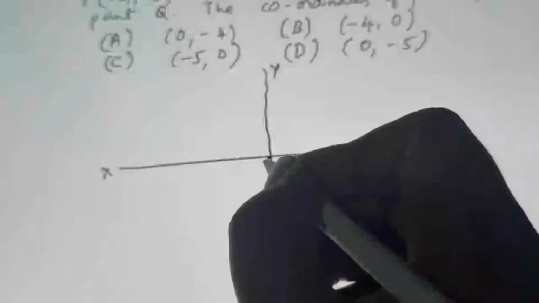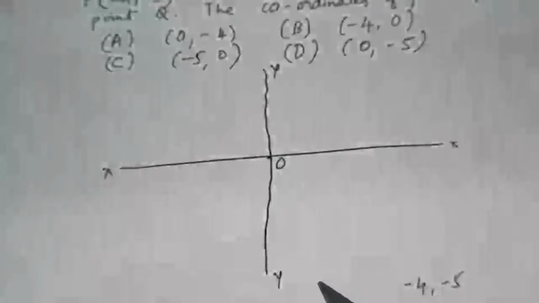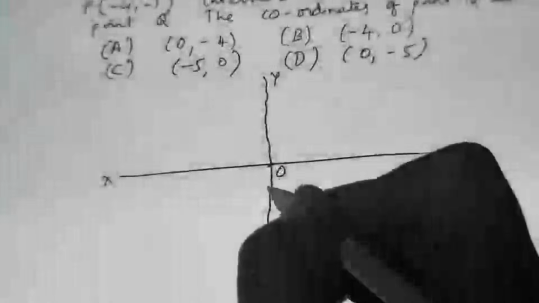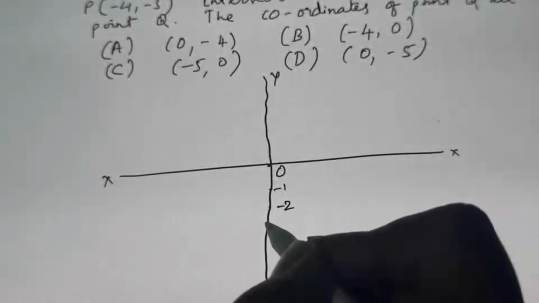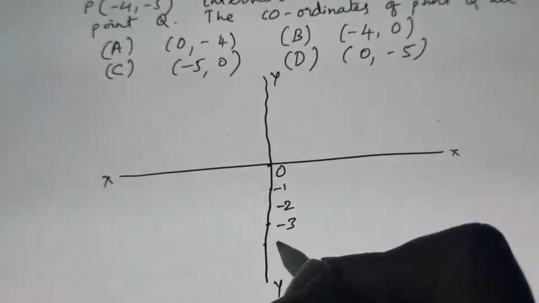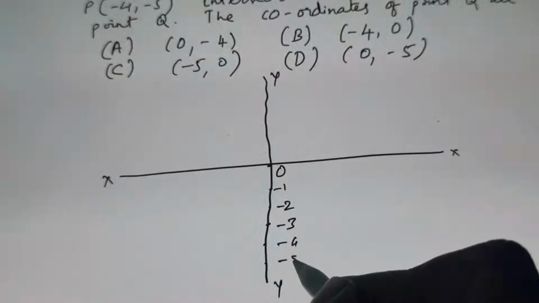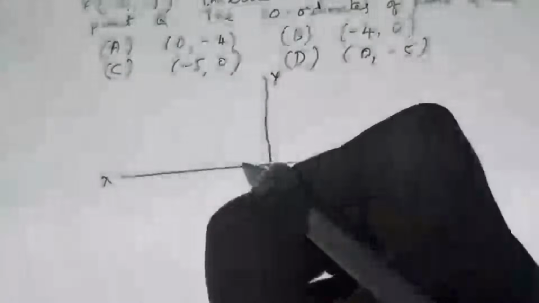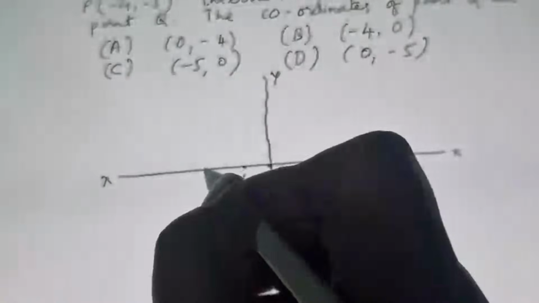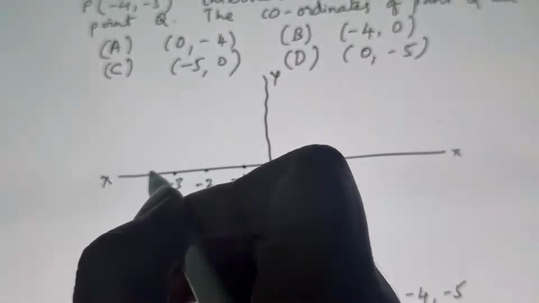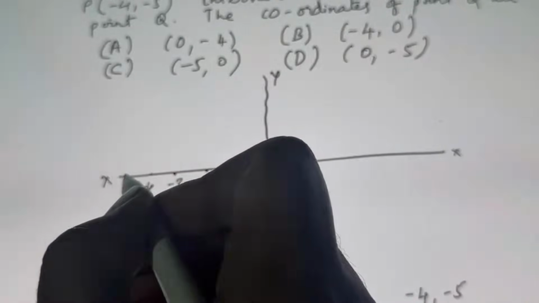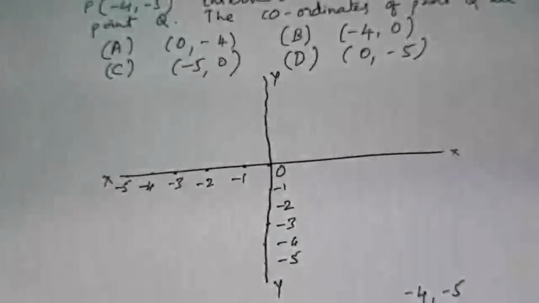So we have origin O, minus 1, minus 2, minus 3, minus 4, minus 5. Similarly, minus 1, minus 2, minus 3, minus 4, minus 5.